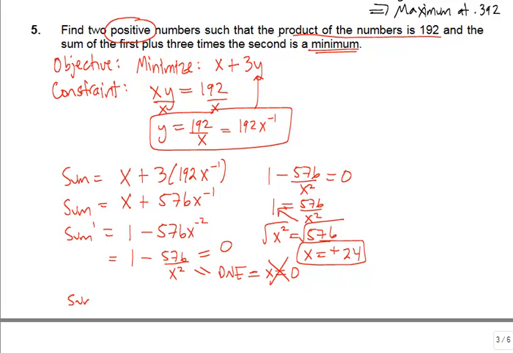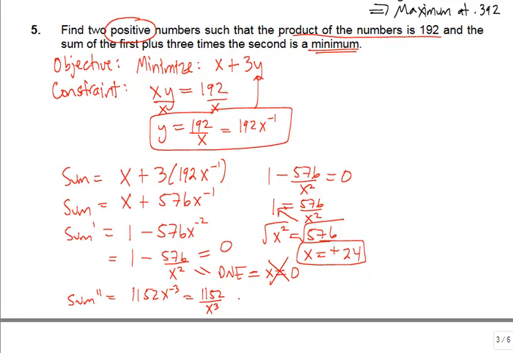So the second derivative will be the derivative of 1 goes to 0, and when I bring down this 2, I'm going to get positive 1,152, and I'll get an x to the negative 3, which is like 1,152 over x cubed.